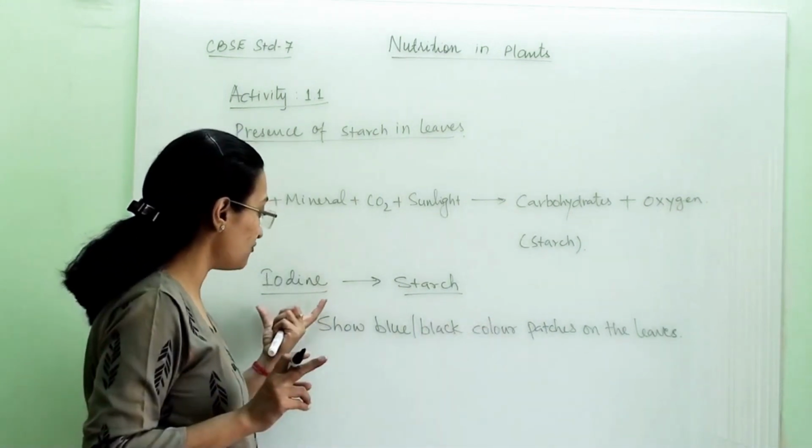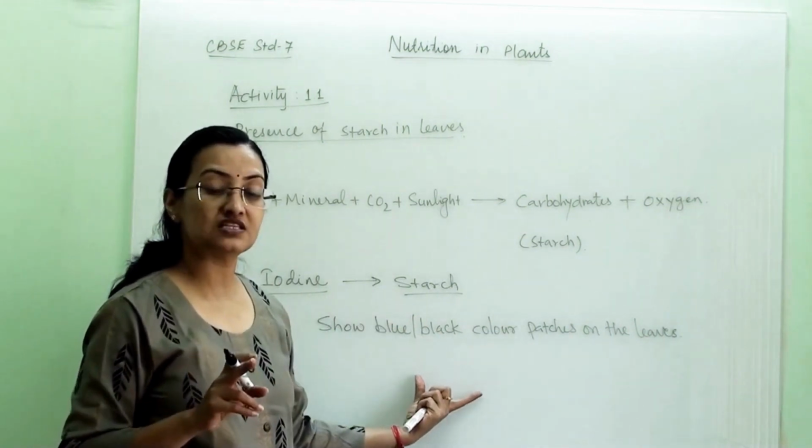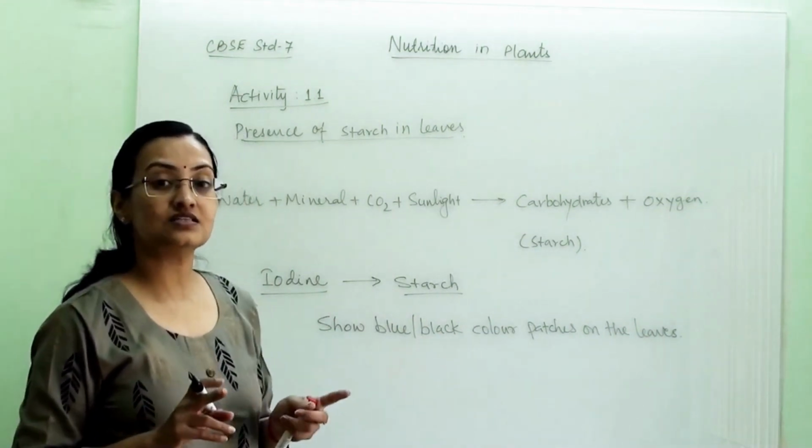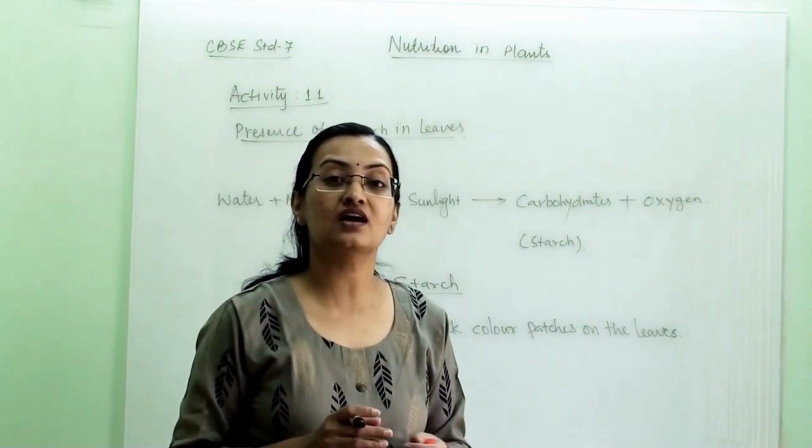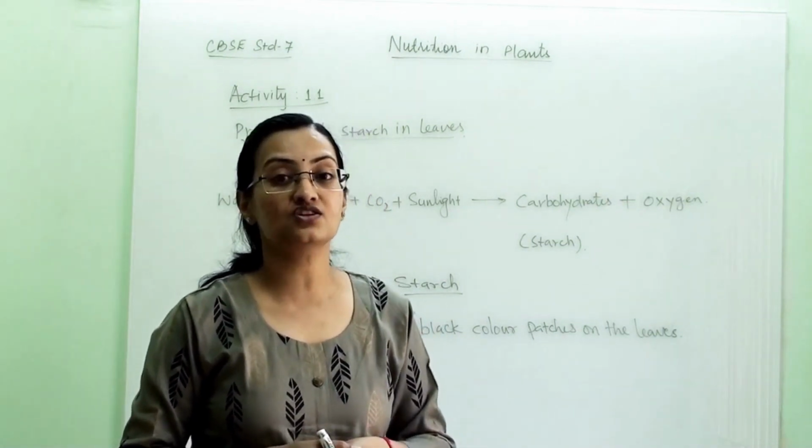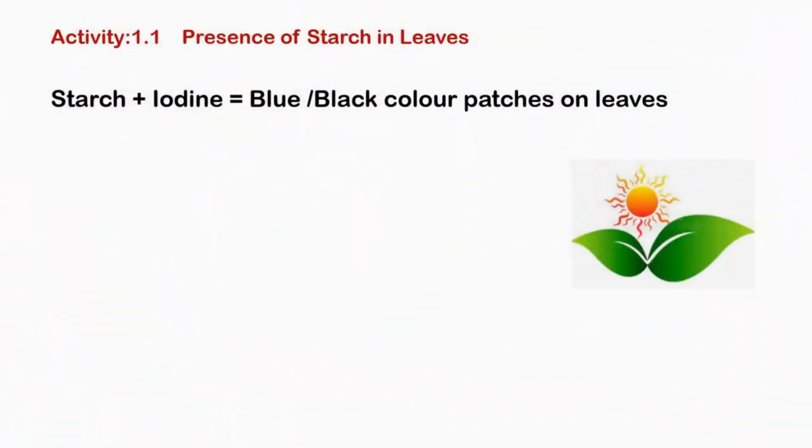With the help of iodine, we are going to perform this activity, and let us understand through a diagram how we check the presence of starch in the leaves. Iodine, as we have discussed, is the indicator.